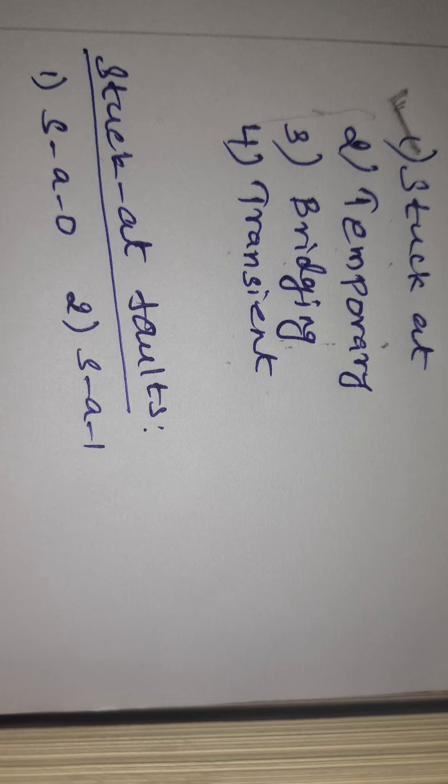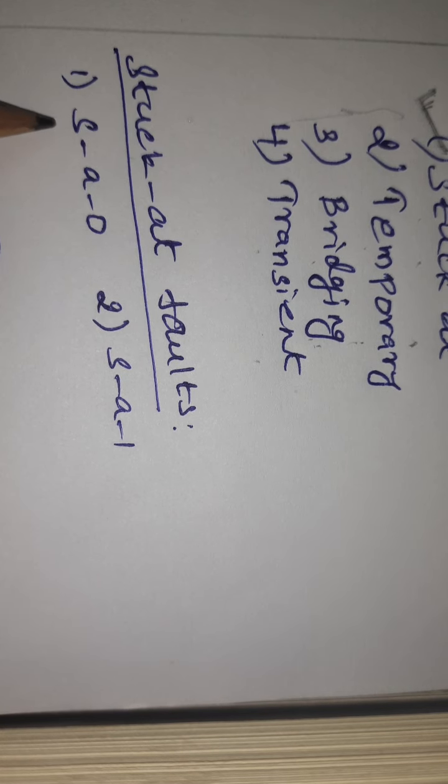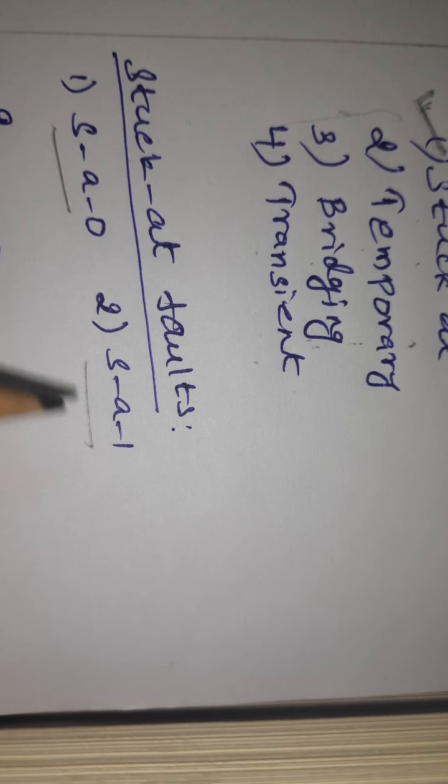That is stuck at 0 or stuck at 1. It is named as a stuck-at fault. Stuck at 0 and stuck at 1 faults are often abbreviated as stuck-at-0 and stuck-at-1.